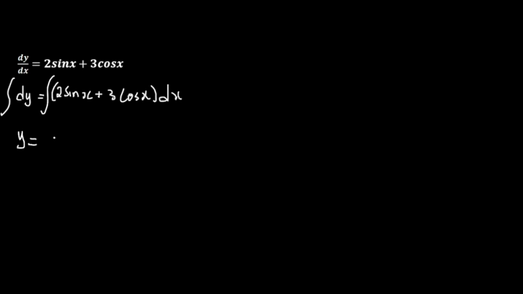So here we're going to have 2, and the integral of sine x is minus cos x, so it should be minus cos x. The same thing with 3, it can be factored out, plus 3, and the integral of cos x is sine x, plus a constant k, the constant of integration.